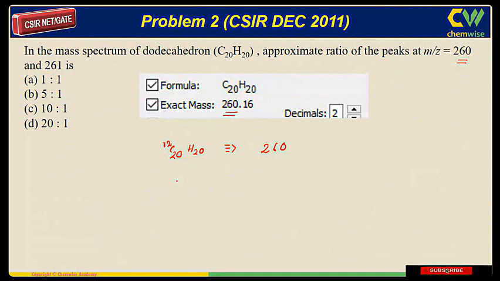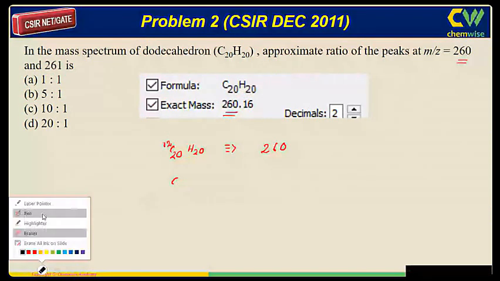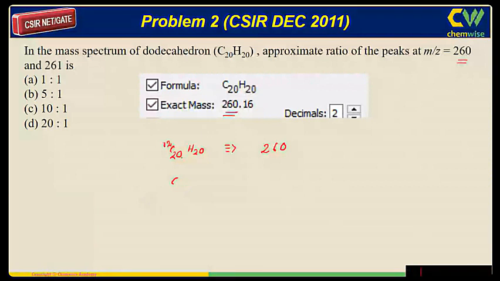The 261 mass is for, now see, this is C20H20, I should not write it as 20, I'll write as 1. So look, we have 20 carbon. Among 20 carbon, 1 carbon is 13C, then the mass is 1 more. And 19 carbon is 12C.